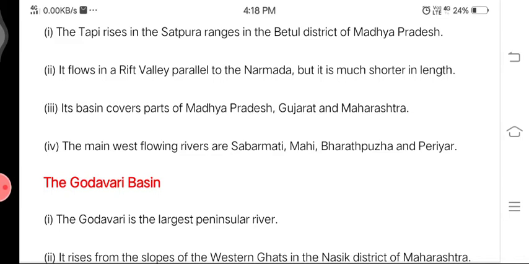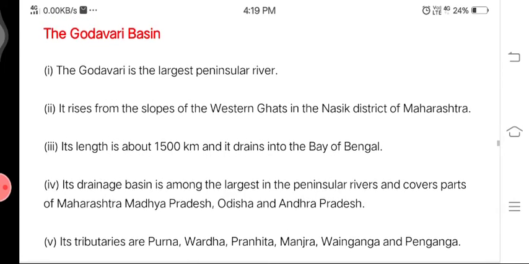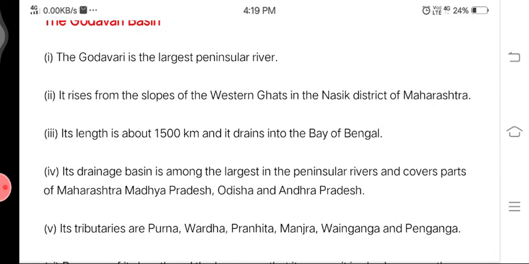The main west flowing rivers are Sabarmati, Mahi, Bhadra, and Periyar. Now we talk about the Godavari Basin. The Godavari is the largest peninsular river. It rises from the slope of the Western Ghats in the Nasik district of Maharashtra.